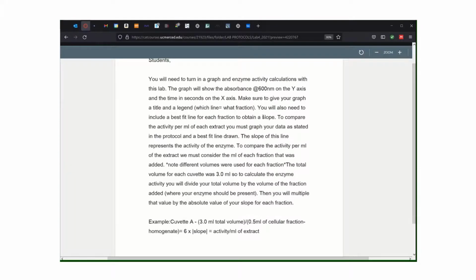To compare, let's see, you will also need to include a best fit line for each fraction to obtain a slope. So we did that. To compare the activity per mil of each extract, you must graph your data as stated in the protocol and a best fit line drawn. So we did all that. The slope of this line represents the activity of the enzyme.